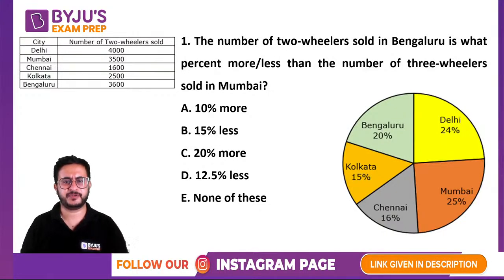Two-wheelers we can directly calculate from the table. You do not have to even calculate, it is already given in the table. Three-wheelers we'll have to calculate.